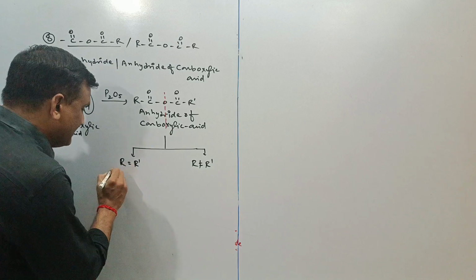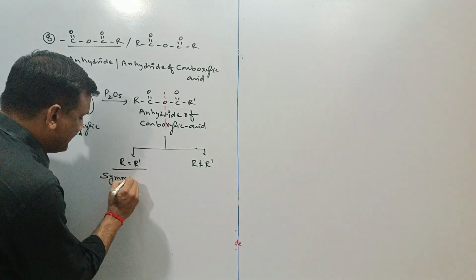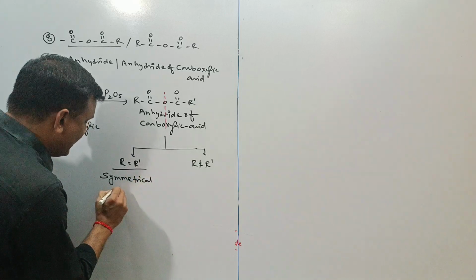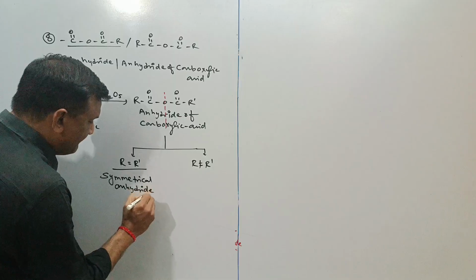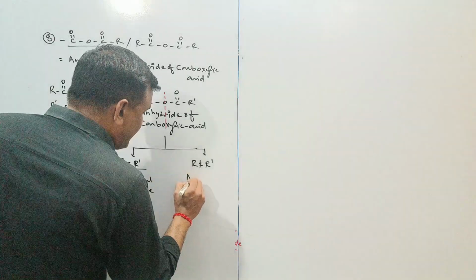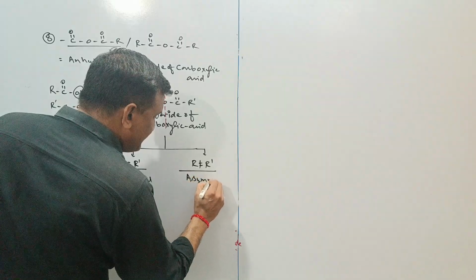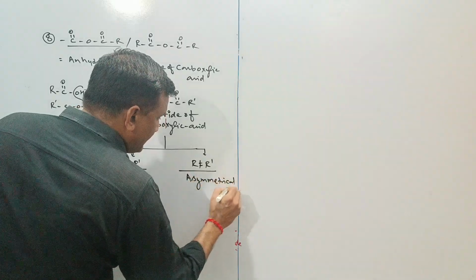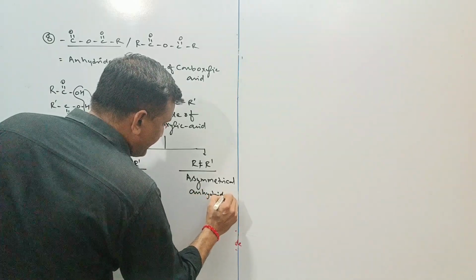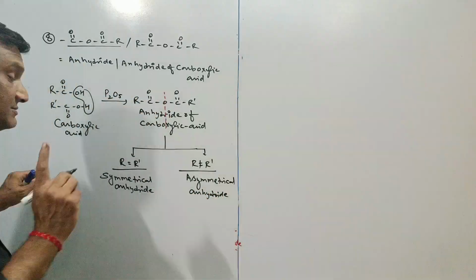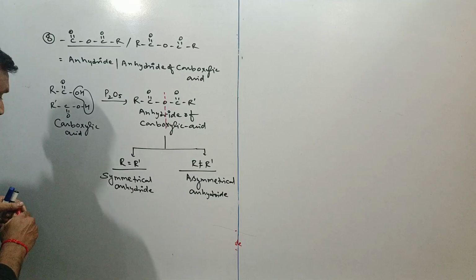If both are the same, you will say symmetrical anhydride, and if both are different, it is called asymmetrical or unsymmetrical anhydride. We can take 2 important examples.